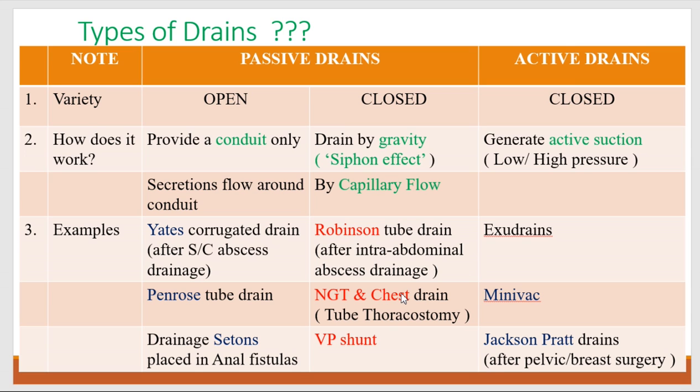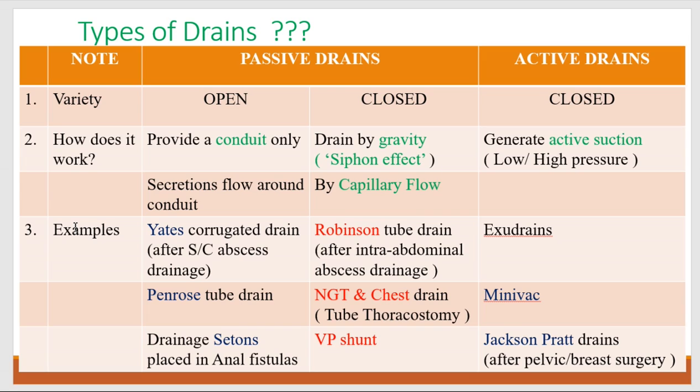A very important slide, especially for all of you. Very simplified version. Here you can see the passive drains, and here the active drains. Three things we are going to see in these two broad groups: the variety of drain. The passive drain has two varieties, open and closed, whereas in active drain only the closed variety is there.